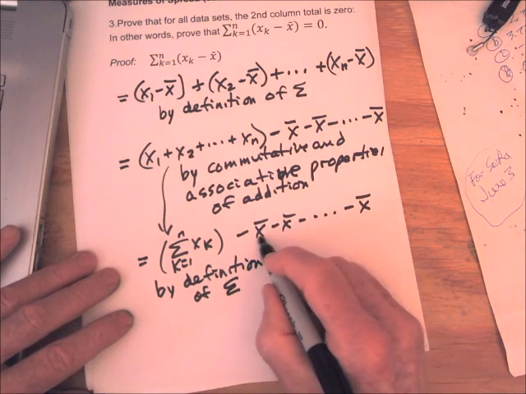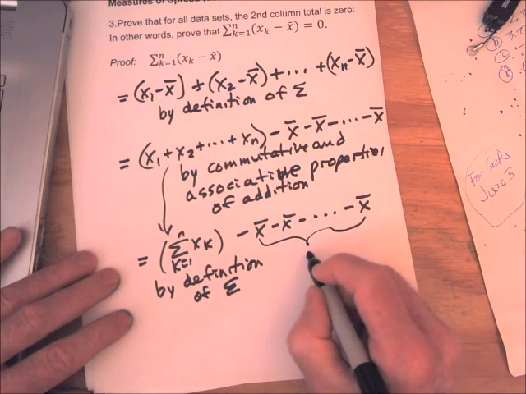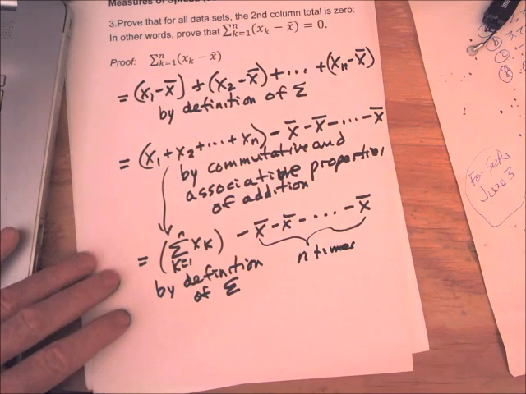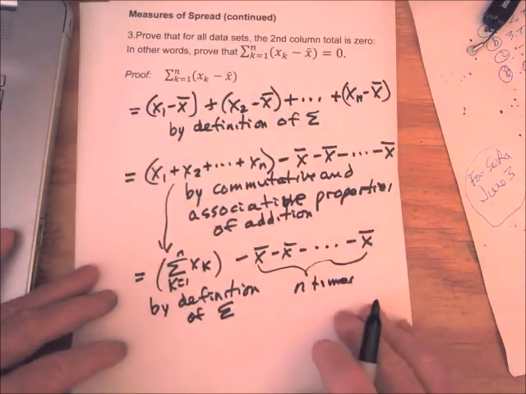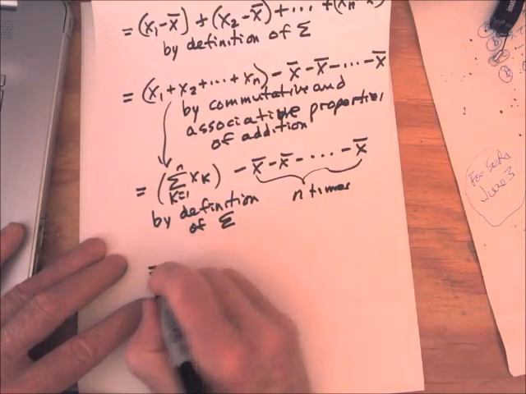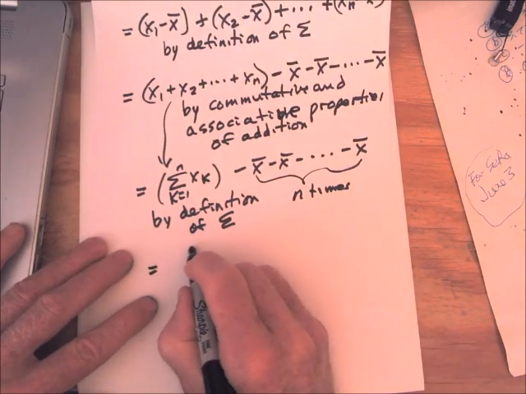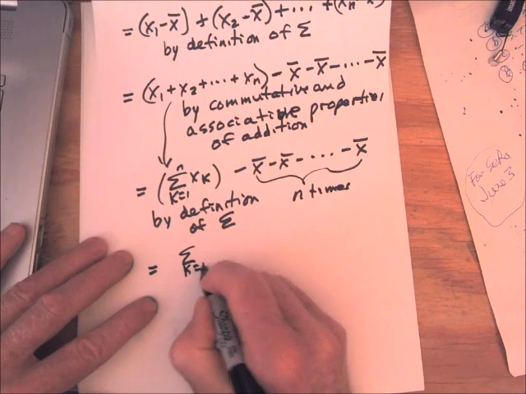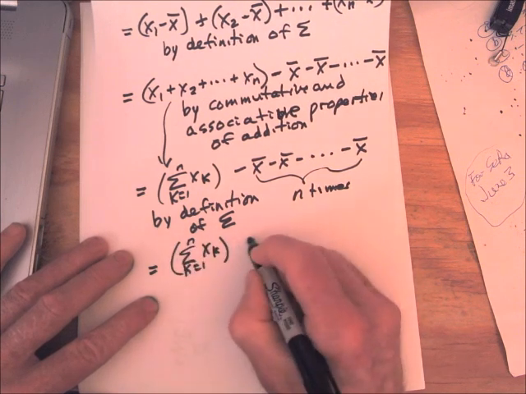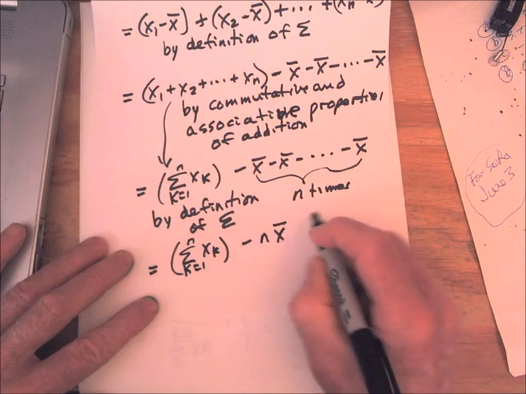And then we can combine these. We're subtracting x bar n times, so we can write that as n times x bar. So summation k equals 1 to n of xk minus n times x bar.